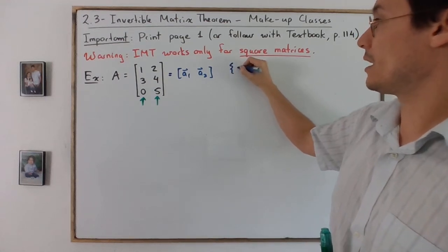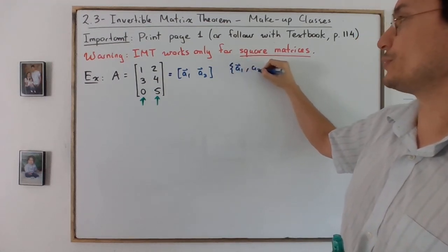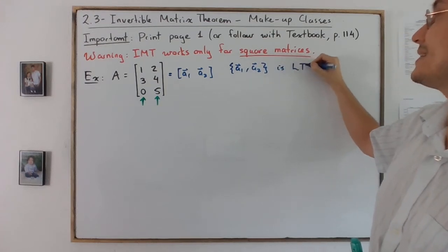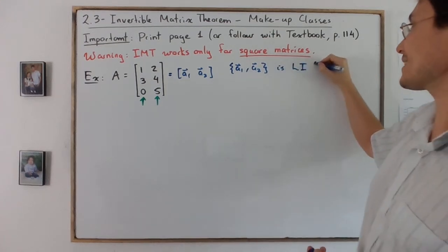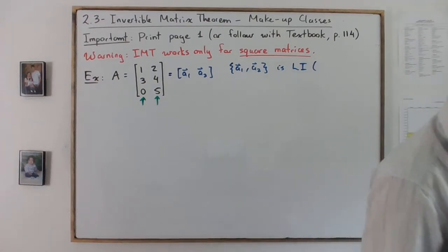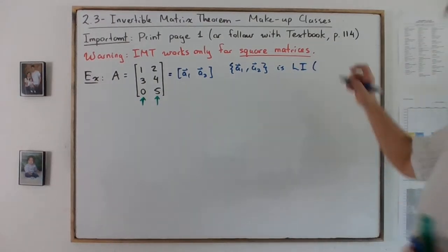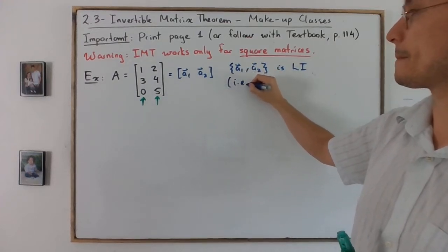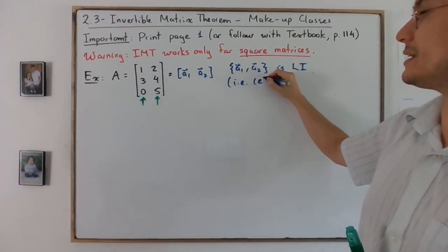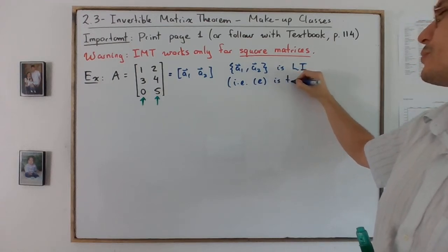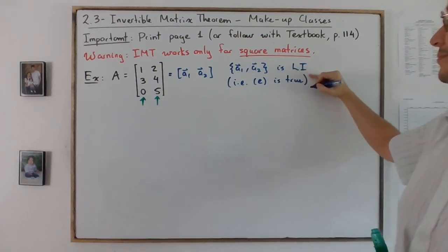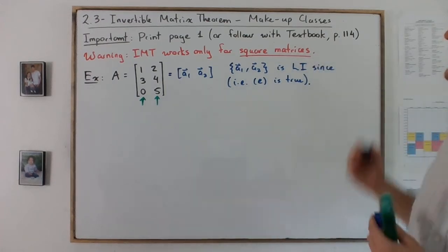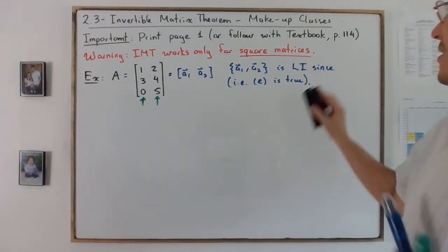A1, A2 is linearly independent, which means that the statement, I think it's E of the invertible matrix theorem, is true. E is true. Again, they are linearly independent since they are not scalar multiples.